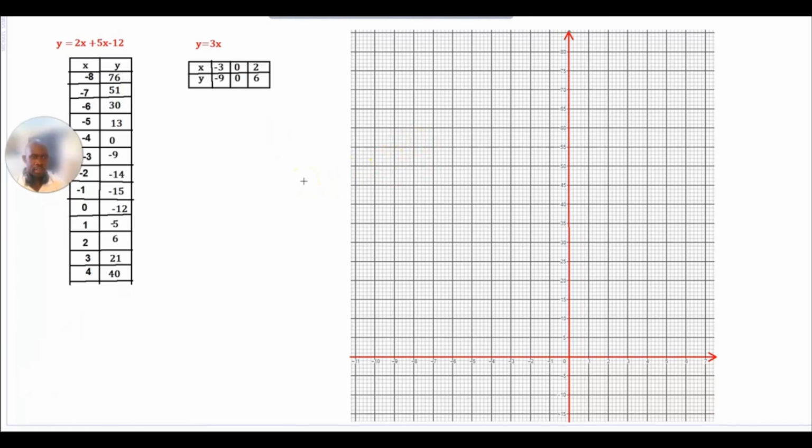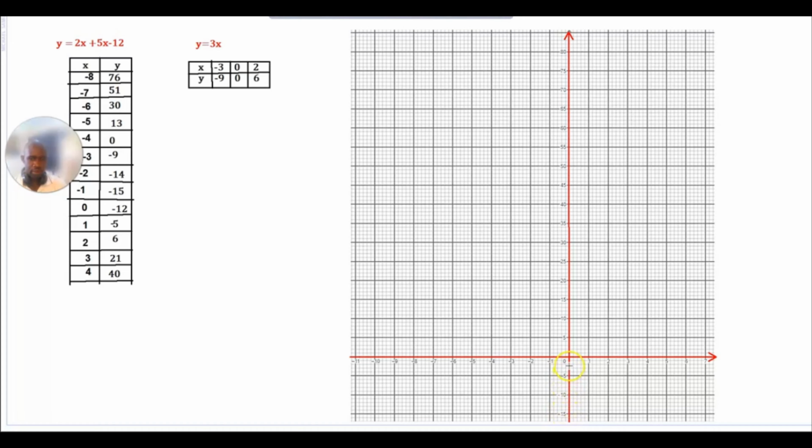We have the grid now, and we can plot the points for this function and also for the linear function. From minus 8 all the way to 4. Since the maximum value is 76, we have gone up to 80, and the minimum value is minus 15, so we have gone down to minus 15.